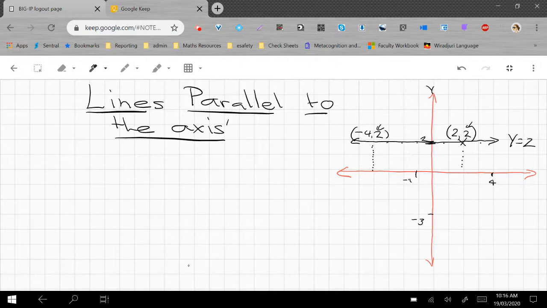Now, similarly, if I draw this line here down through -1 on the x-axis, every point on that line, so take this point here, this is the point (-1, -2), where the x is -1 and the y is -2.